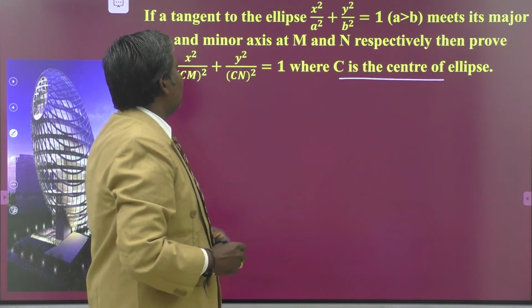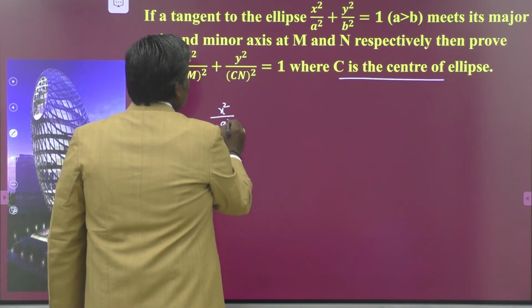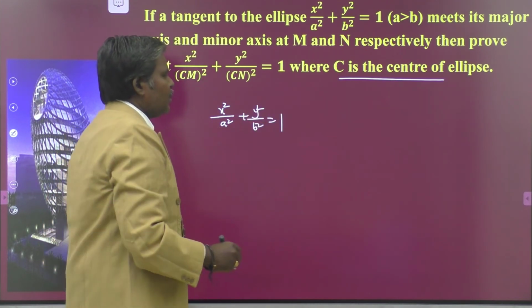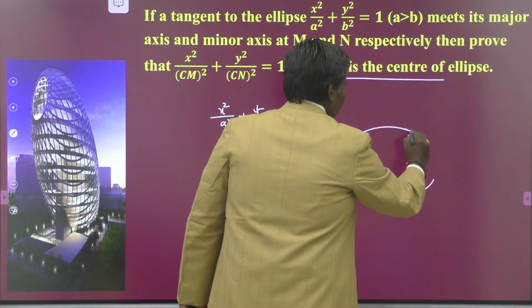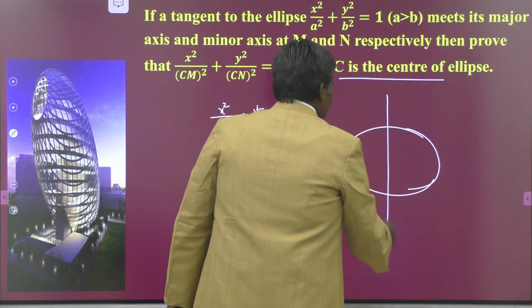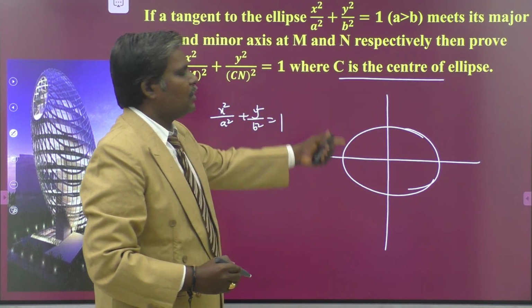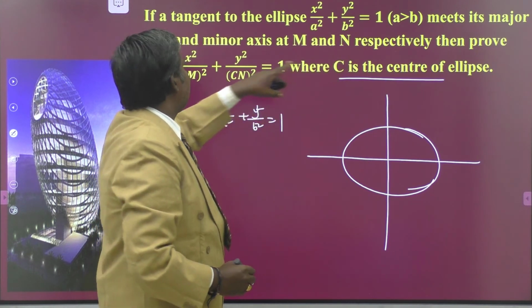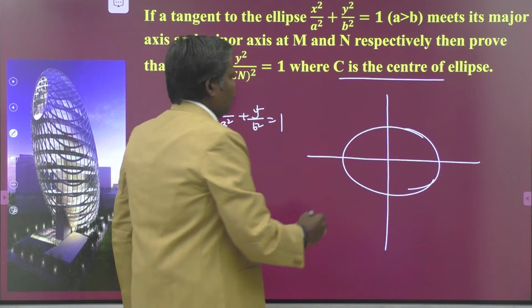So what is the equation of ellipse here? x²/a² + y²/b² = 1 is your ellipse equation. This is the ellipse. These are the coordinate axes. These are the major and minor axis of your ellipse. If a tangent to the ellipse meets its major axis and minor axis at M and N respectively.